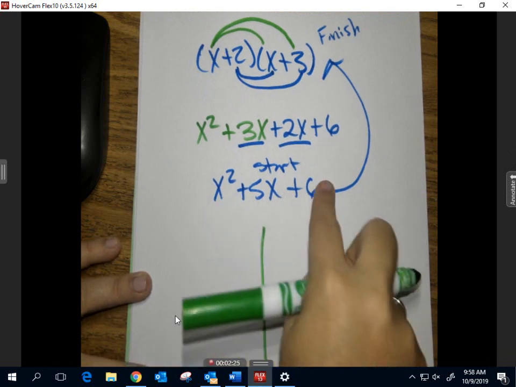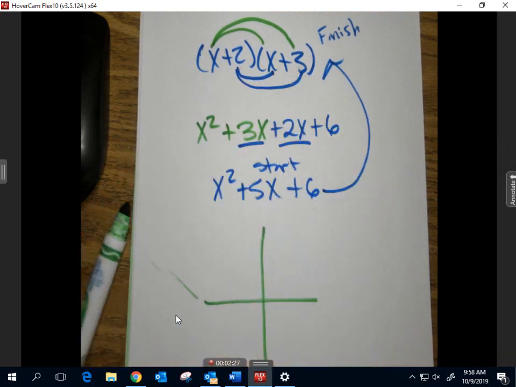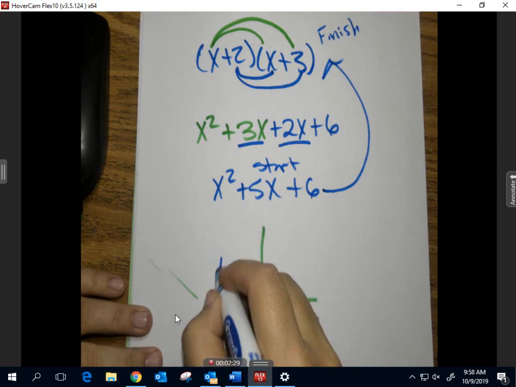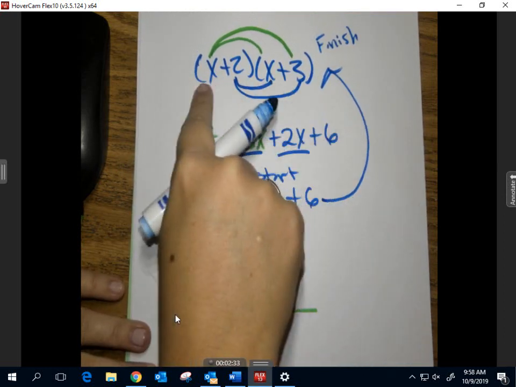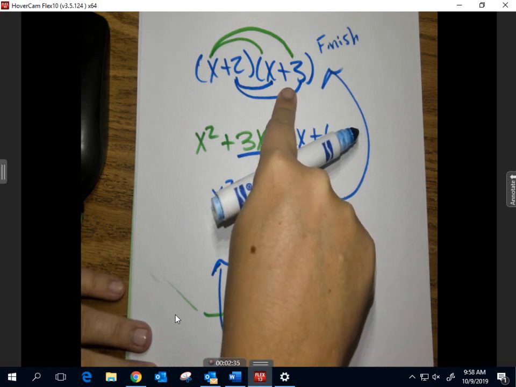So if I were to graph this, my graph would be over here. Basically, this is telling me my x-intercepts when I solve, okay?